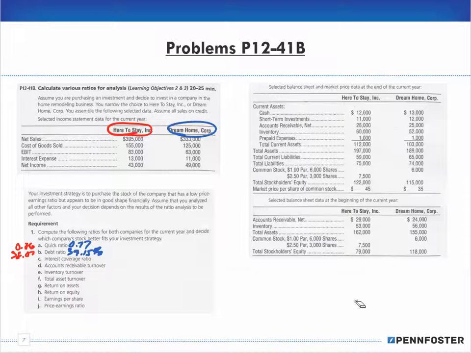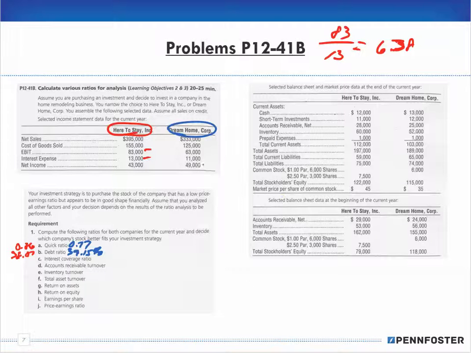Right, next is the interest coverage ratio. And for the interest coverage ratio, we have the 83 over the 13, which gives us 6.38. Now, if you're not understanding why I'm pulling these particular numbers, go back and look at the formulas in the book.